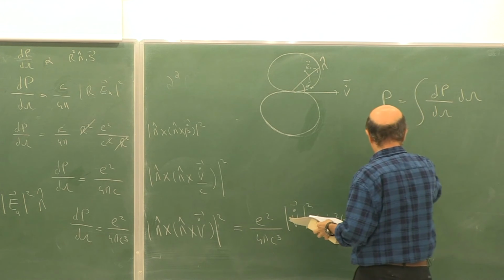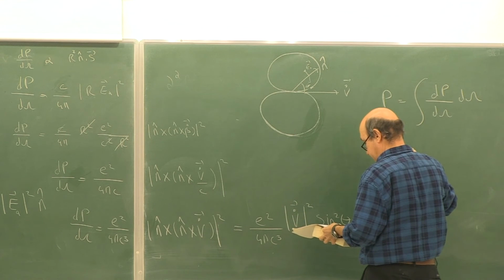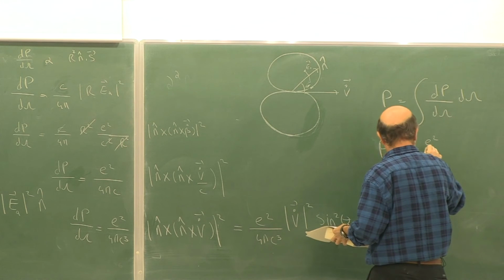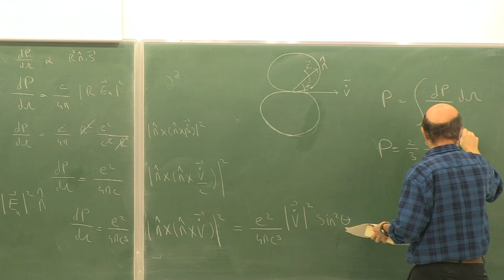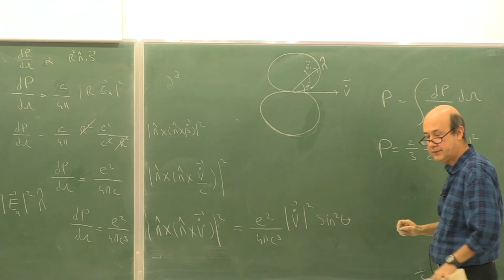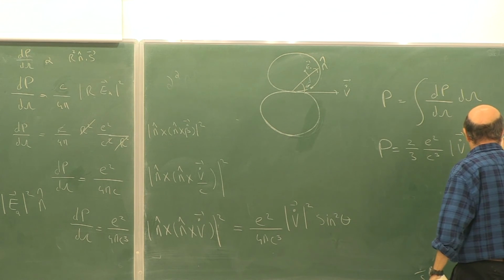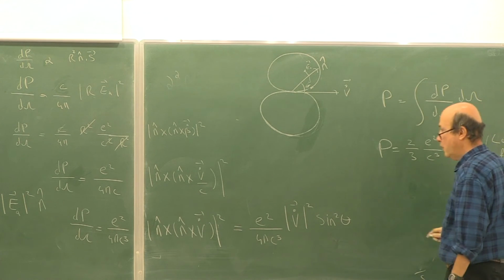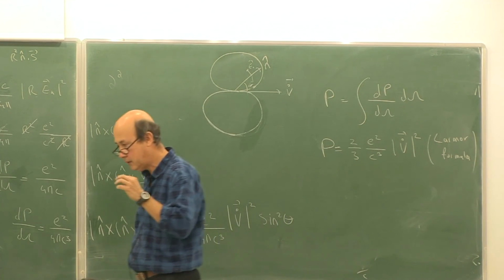Anyway, the total power will be 2 over 3 e squared over c cubed times the square of the acceleration. This is a very important formula. This is called the Larmor formula. If you know the acceleration, then you know the total emitted power.